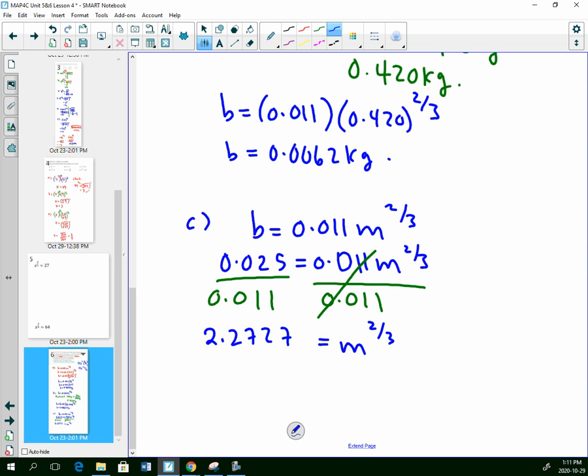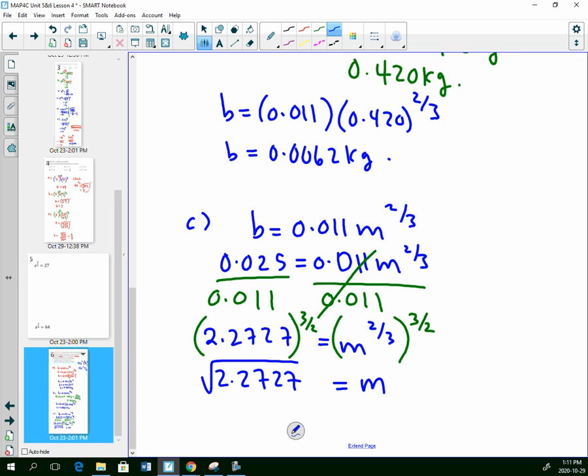And then I want to inverse 2/3, right? Because I want to solve for M. So I'm going to do the reciprocal of 2/3, because 2/3 times 3 over 2 is 1. And then I have to do the same on this side. Okay, so 2/3 times 3 over 2 is 1, so that just leaves me with M. And then I have a fraction exponent, so it's going to be a root.